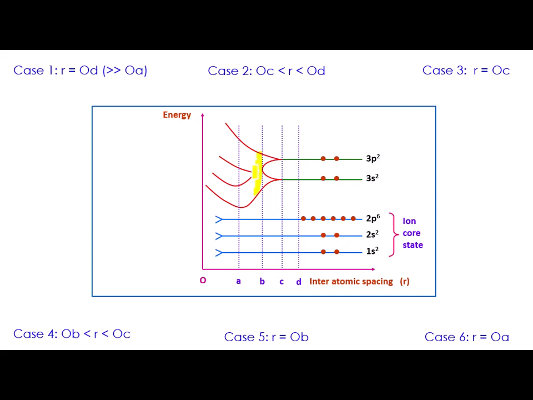Now, when you further decrease the distance, that means at a position r equal to OA, that means this line, at a position r equal to OA, which is the equilibrium distance, which is the final distance or interatomic lattice separation or lattice constant, you will see that these merged energy levels again got separated.